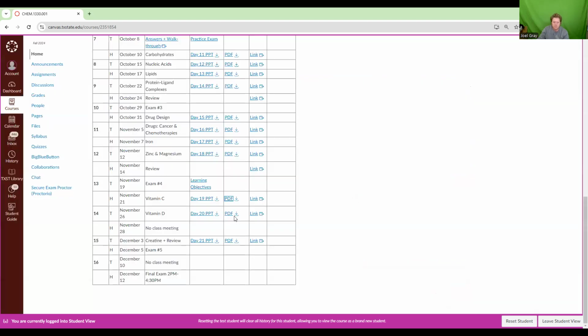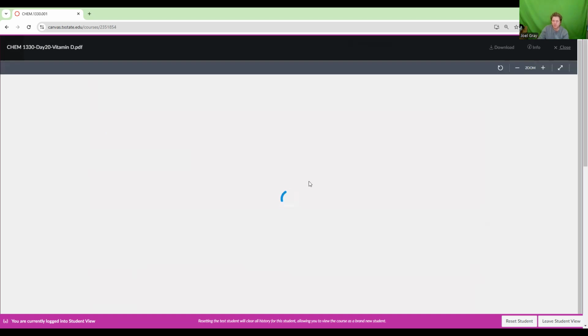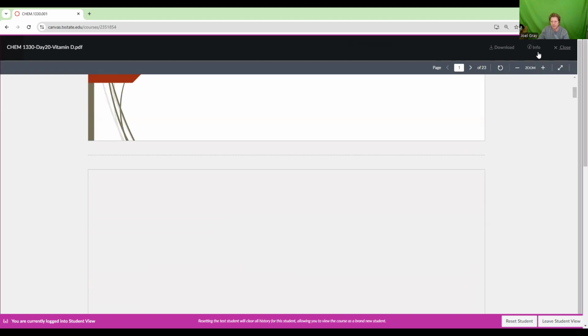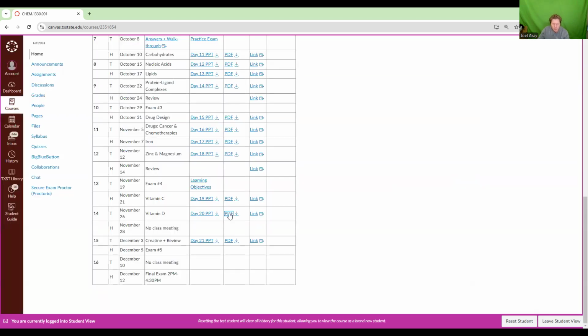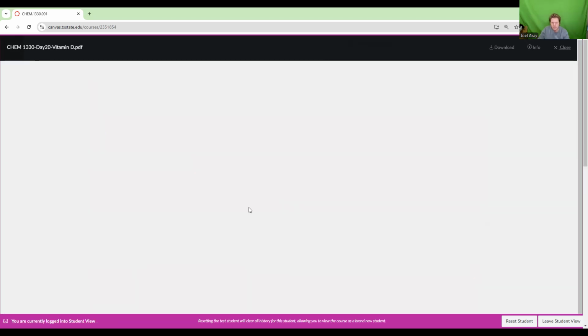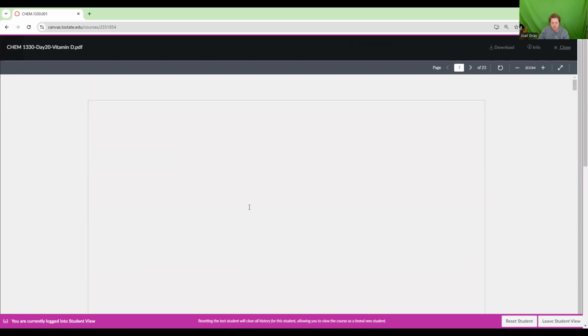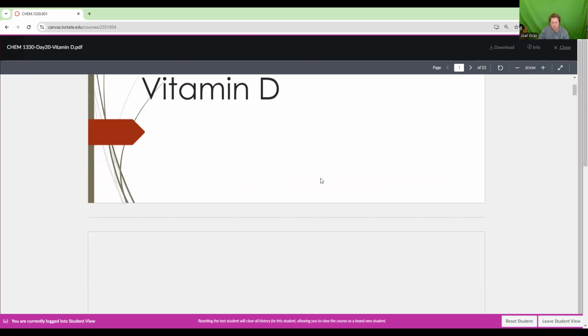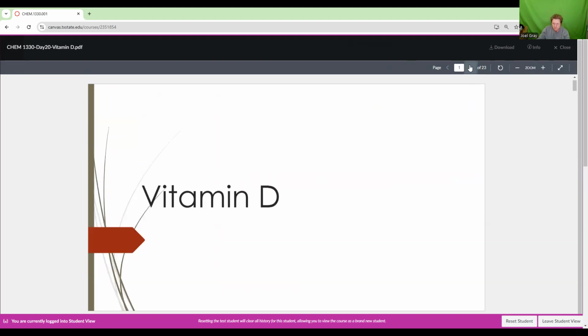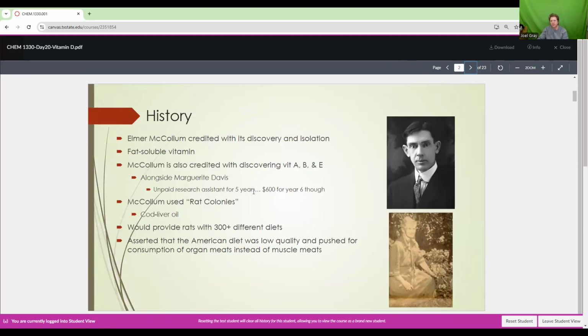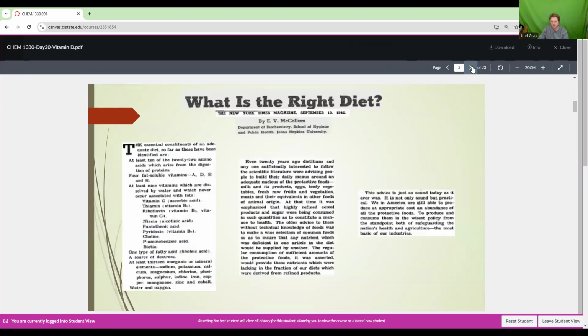So then we've got vitamin D, which we took a little bit of a deeper dive into. Rather than just talking about it as a lipid or a fat-soluble vitamin, we talked about vitamin D and some of the benefits that it has.